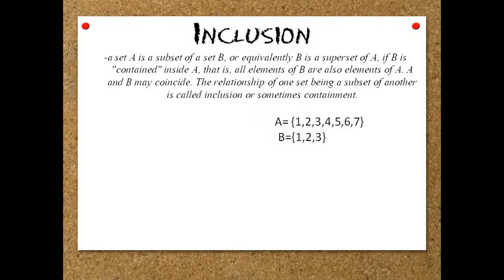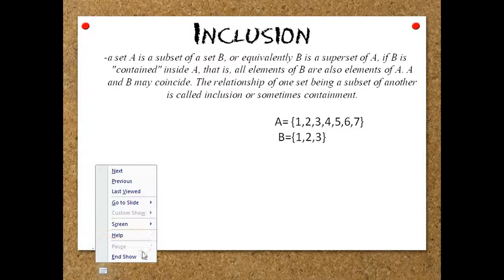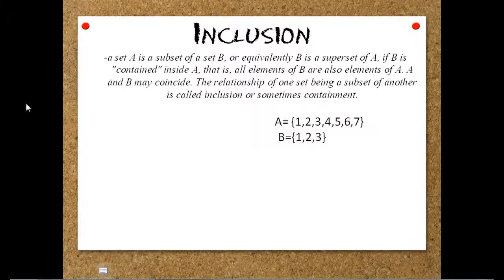Set B is a subset of set A, or equivalently, A is a superset of B. It is a subset because 1, 2, 3 is also present in set A. Or equivalently, A is a superset of B.